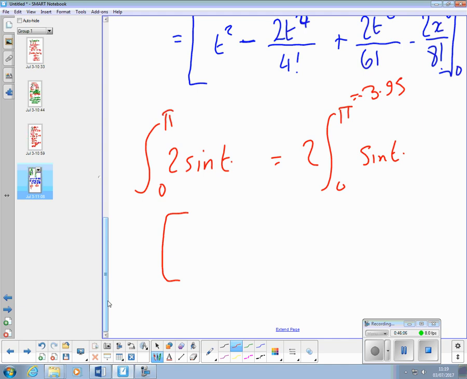So we can put a 2 out there, and you end up with minus cos t between pi and 0. Put the values in, you get an answer of 4.